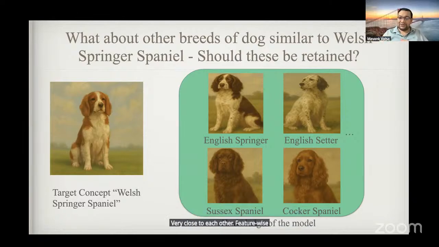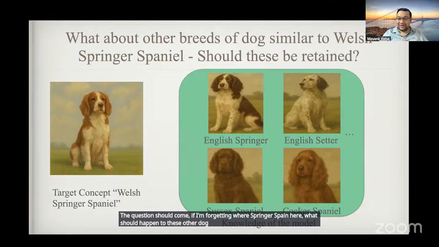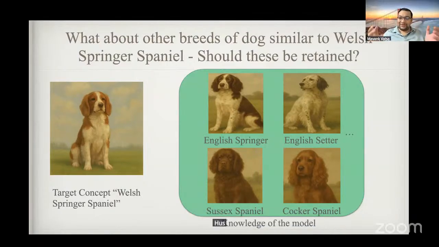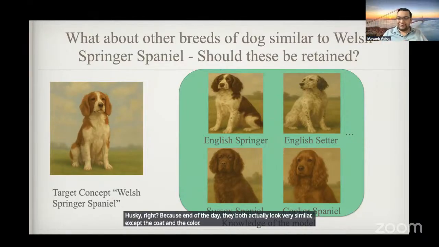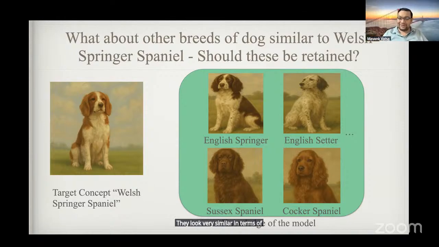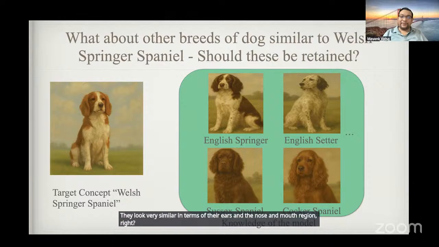The question should come, if I'm forgetting Welsh Springer Spaniel, what should happen to these other related dog breeds? If I'm forgetting German Shepherd, what should happen to Husky? Right? Because end of the day, they both look very similar except the coat and the color. They look very similar in terms of their ears and the nose and mouth region, right?